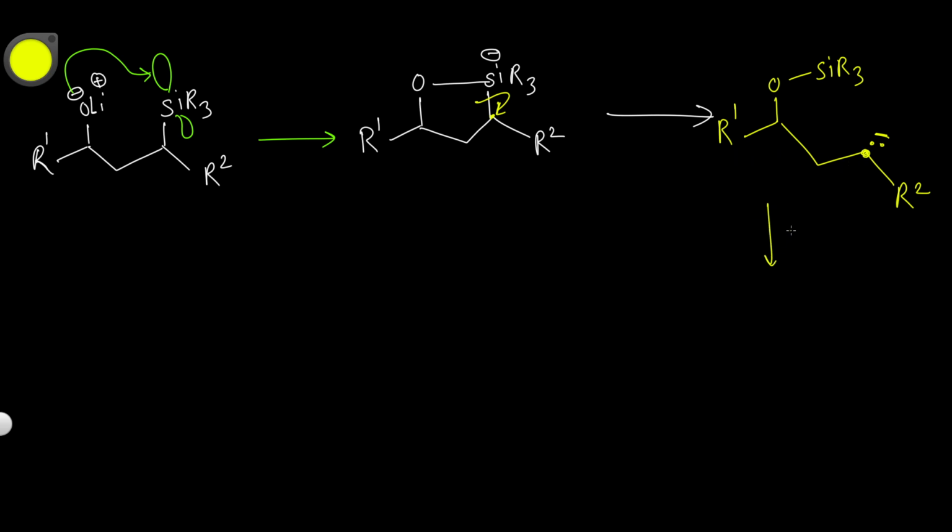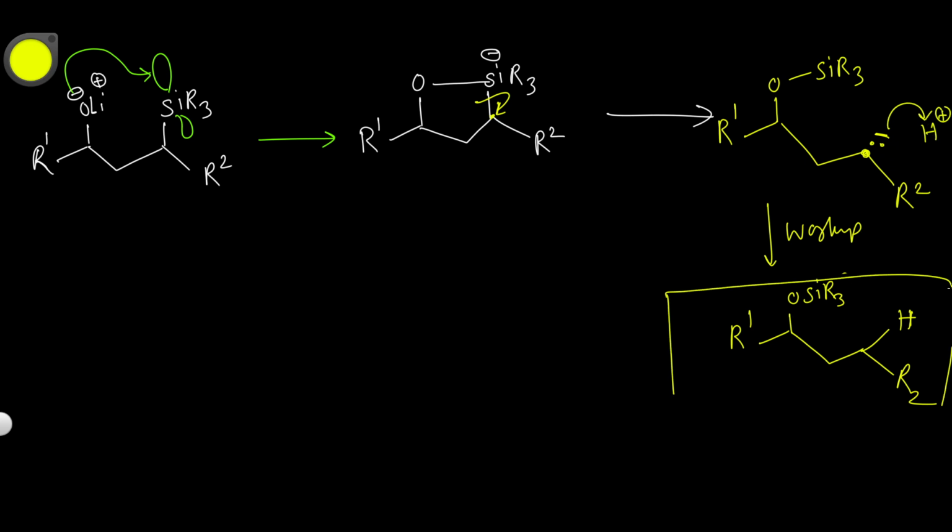And after that, same process, do the workup, you will get product R1, SiR3, right? And here you have R2, and after the workup this negative charge takes a proton, right? And this is our product form.